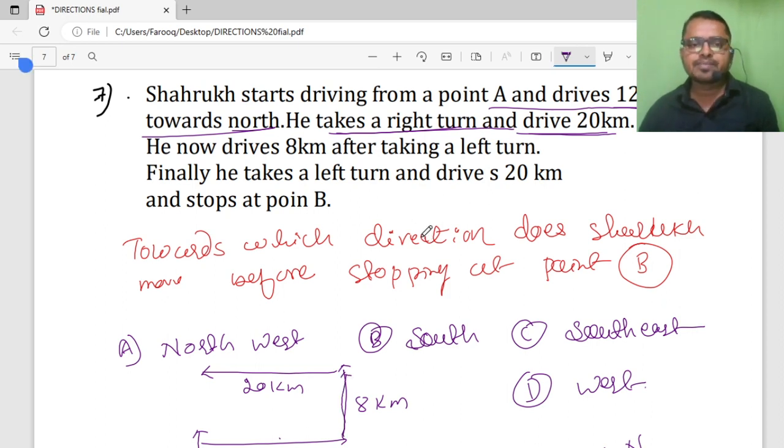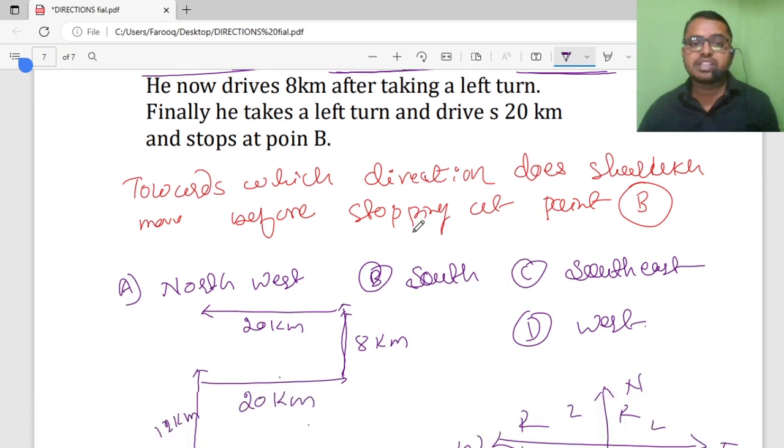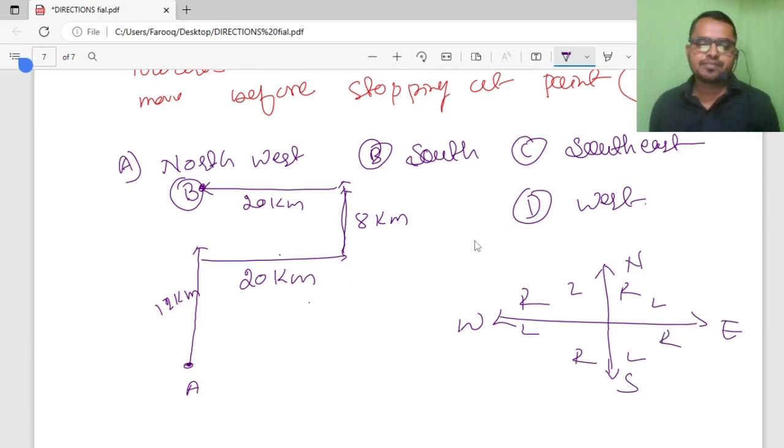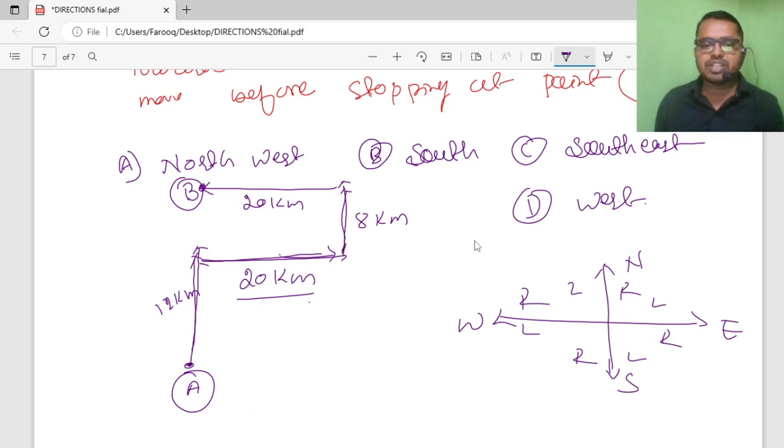Finally, he takes the left turn and goes 20 kilometers again and stops at point B. He started the journey from point A, goes first north for 12 kilometers, takes the right turn and goes 20 kilometers in this direction, takes a left and walks 8 kilometers, then takes another left turn, walks 20 kilometers and reaches point B.